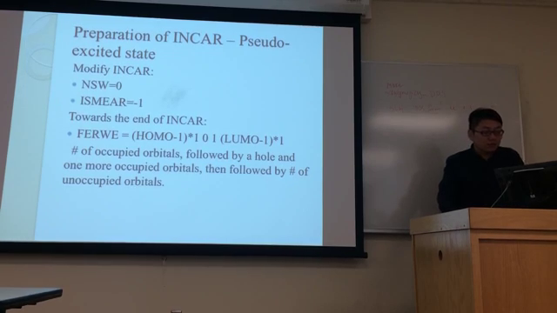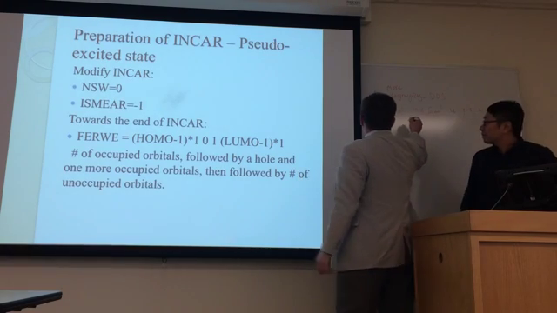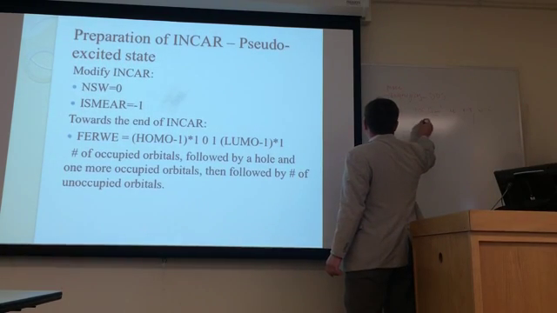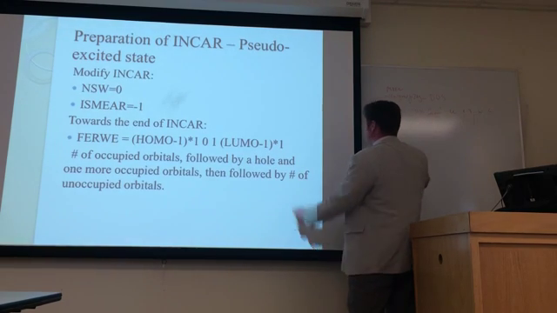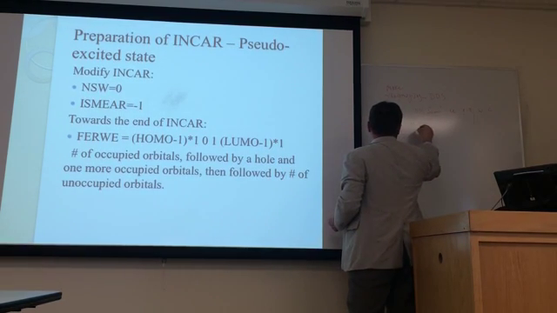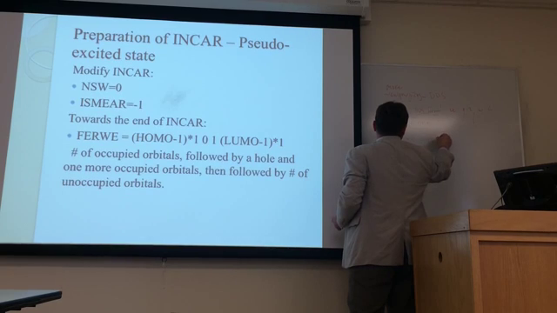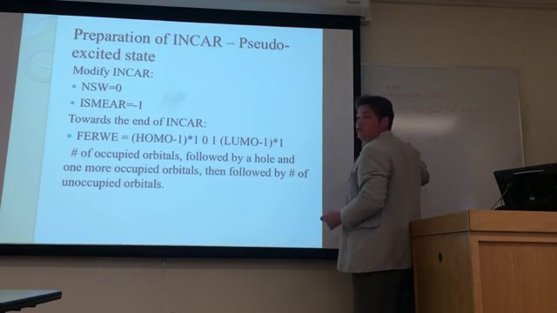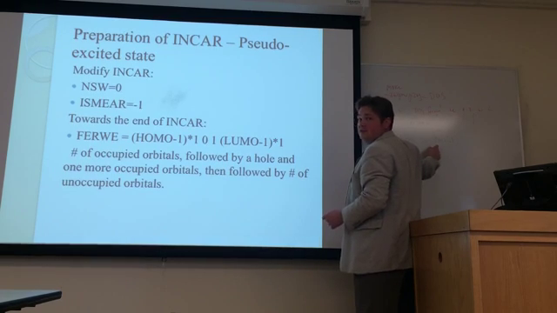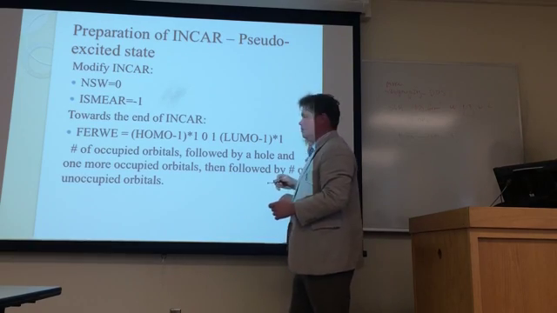I suggest that we introduce the total number of orbitals, or maximal number of orbitals, and then here we do number of orbitals minus LUMO minus 1. So if there are 40 orbitals and your LUMO is 33, then minus 1, this will give 6. Make sense? Okay.